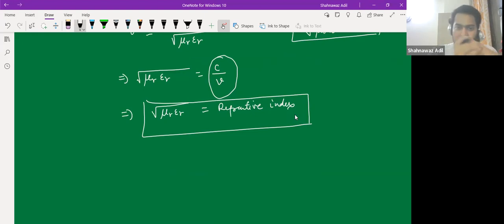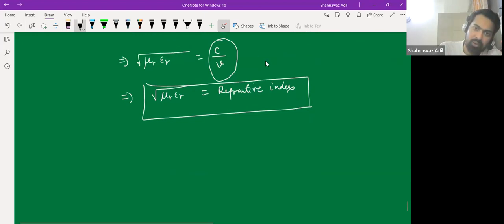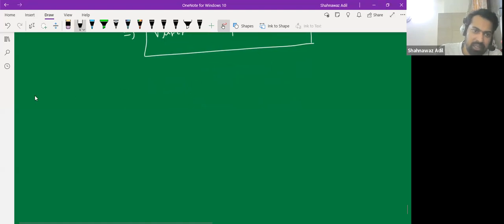Good. Now, can you guys tell me what is the energy associated with this electric field? What is this electrostatic energy? You guys remember what this is?